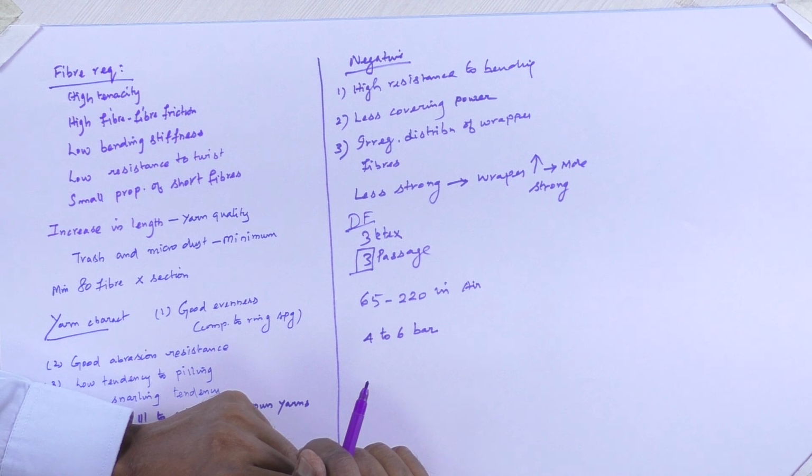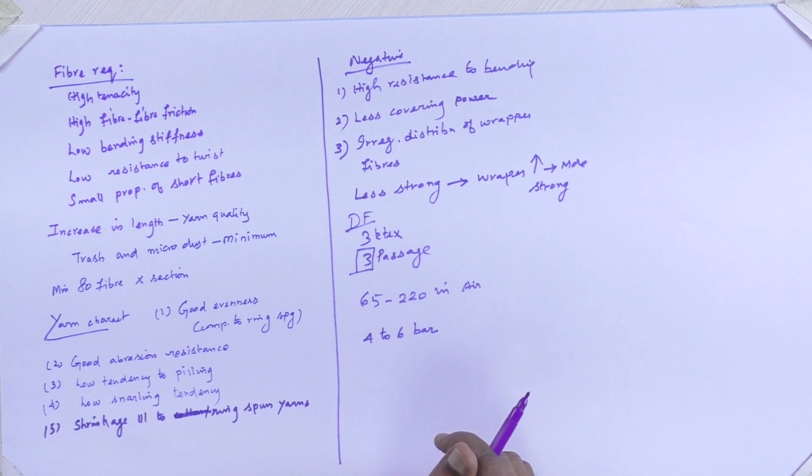Binding action can be controlled by raw material quality, ribbon width of the drafted strand, amount of draft given by the drafting system in the machine, yarn tension, air pressure in the jets and twist relationship between the 2 jets. These are the factors that can control the number of edge fibers or binding fibers.